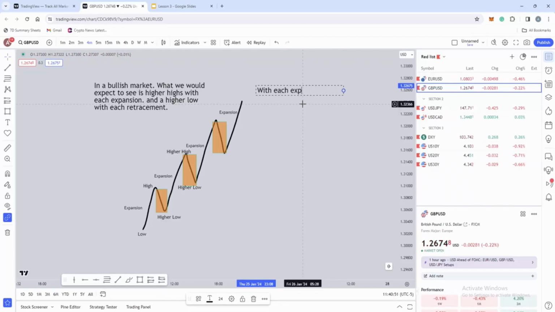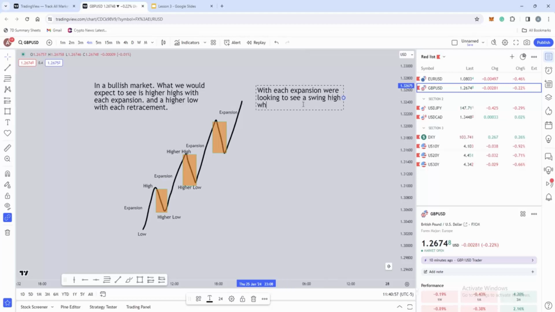With each expansion, we're looking to see a swing high which is higher than the previous swing high made by the latest bullish expansion.